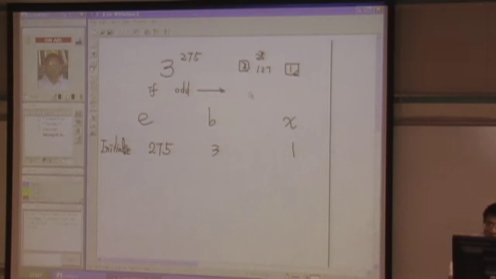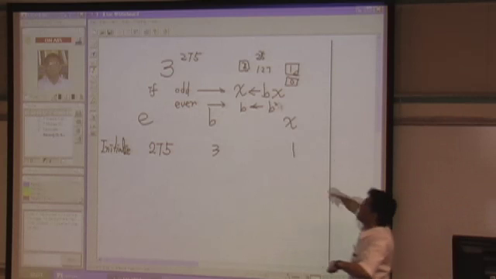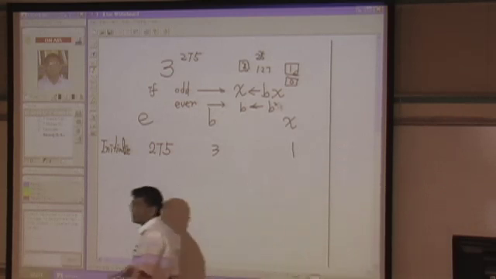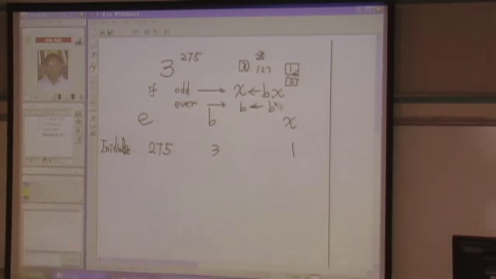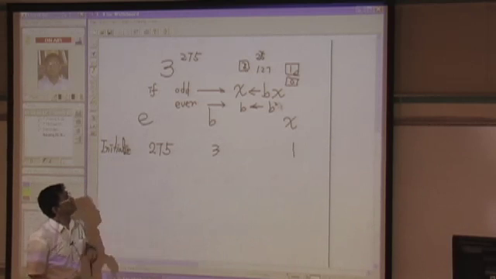Then multiply b and x, and then store it in x. If you see an even number, that means if you divide this kind of number, the remainder is 0. Then what you need to do is b goes up to the next level. So this is all you need to do. So this is the algorithm. This is the binary exponentiation until you reach power 0.